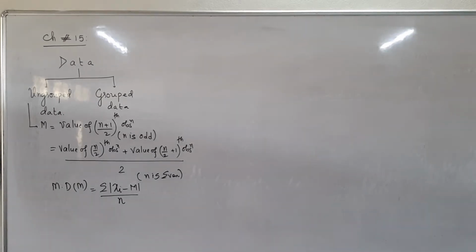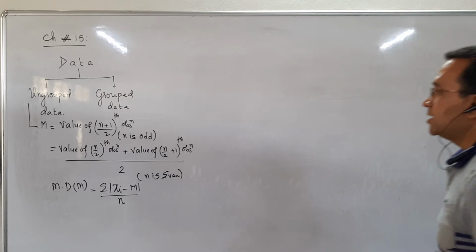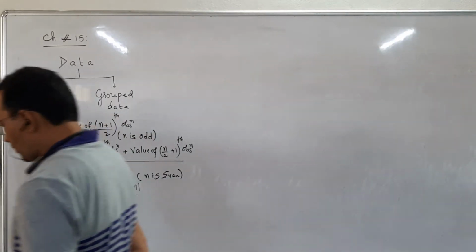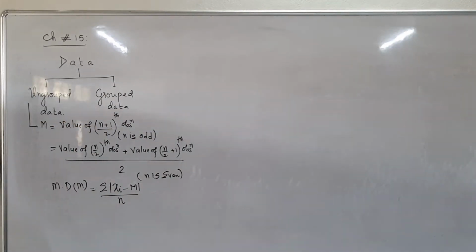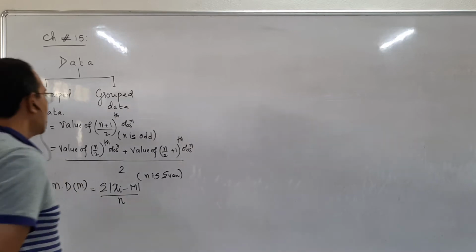Students, I hope you remember these formulas of median. Once again, when n is odd, say 3, 5, 7, 9, like this, then median M is equal to the value of the (n plus 1) by 2th observation.